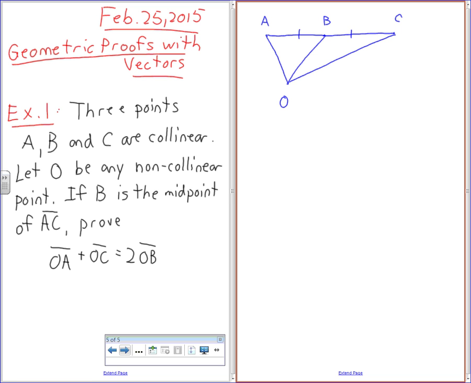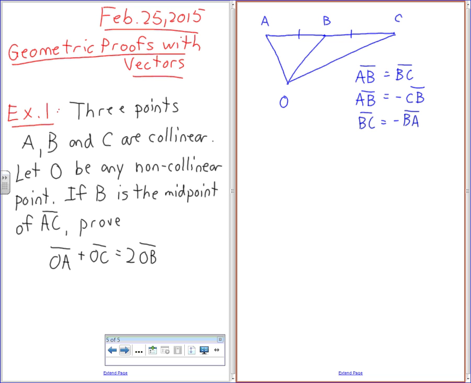So you can say AB is the same as BC. You can also say AB is negative CB, and BC is negative BA. You can use all 3 of those things for your proof. Did you see where I got those from? Because you're going to have to do some manipulating for this.